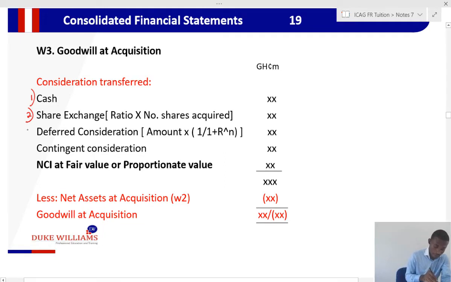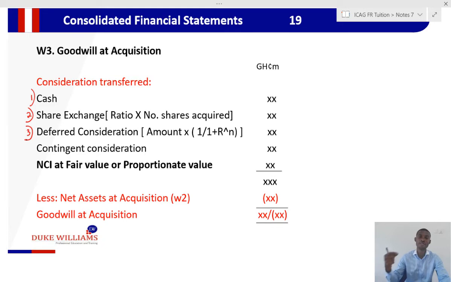Then the next one is deferred consideration. Deferred consideration is where entity A is promising that it will pay X amount in the future as a means of consideration. So entity A can say that I'll pay, let's say, 1 million in 2 years' time for the shares I have bought, in addition to the cash I've paid now.